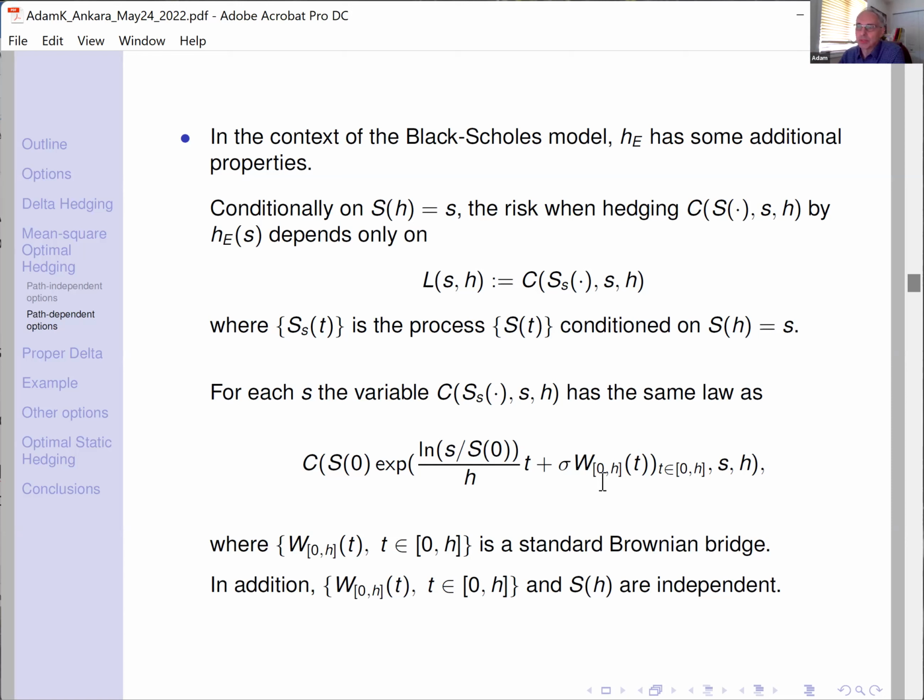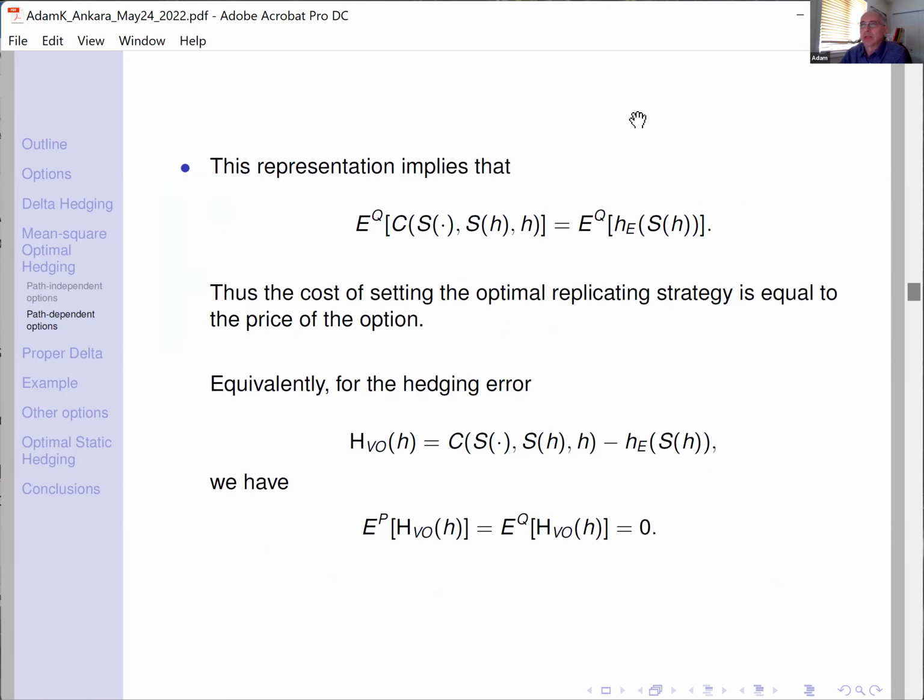Why is this important? It is important because now the conditional geometric Brownian motion no longer depends on the drift process. So if the drift parameter corresponds to empirical measure P, it disappears. It's no longer here, which means the optimal hedging option, its price is exactly the same as the price of option we want to hedge.